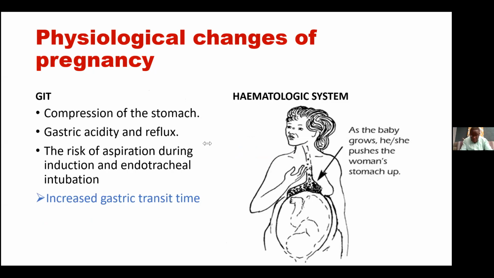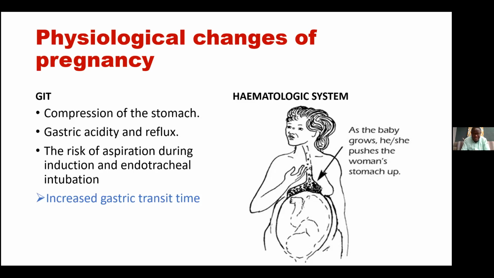So we need to advise her to eat more protein-rich food, but she can't catch up to normalize it. It will stay a little bit lower until the end of the pregnancy.